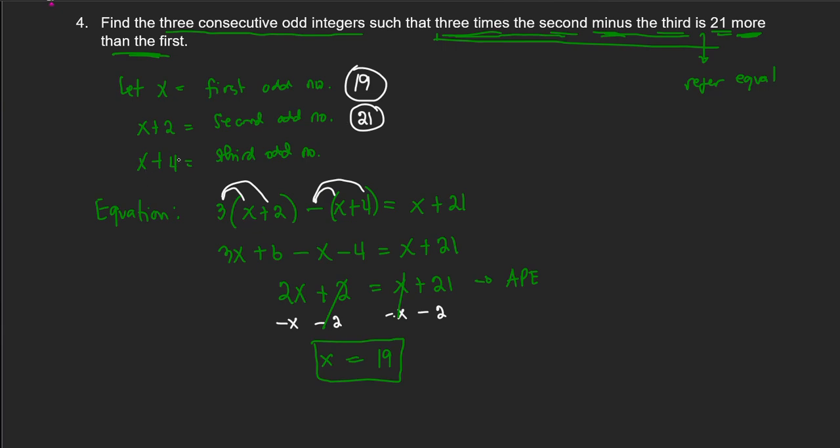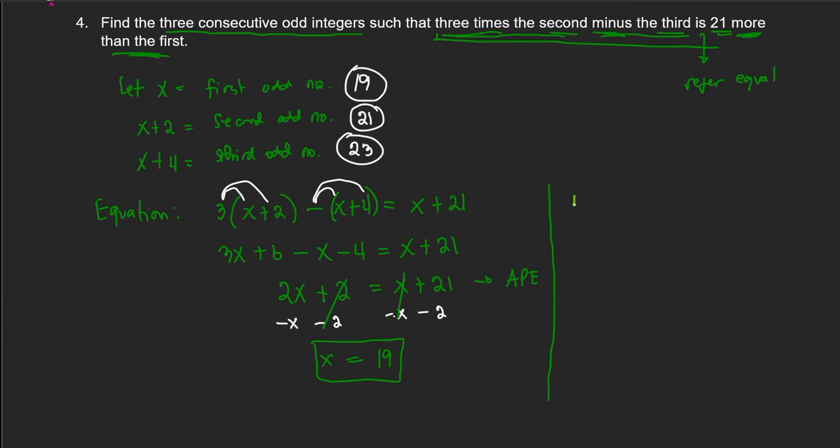So if we have 19 plus 4, 19, 20, 21, 22, 23. So that is 23. So this means if you check the scenario, we have three consecutive odd numbers. If you check here, 19, 21, and 23 are odd numbers. So this means ang solution natin is correct.